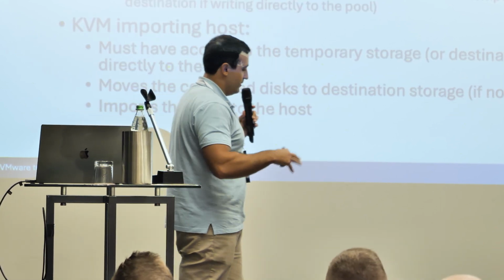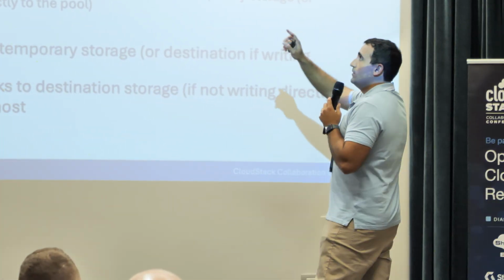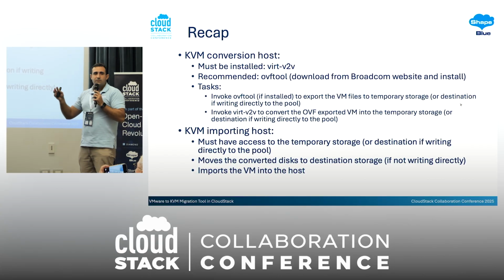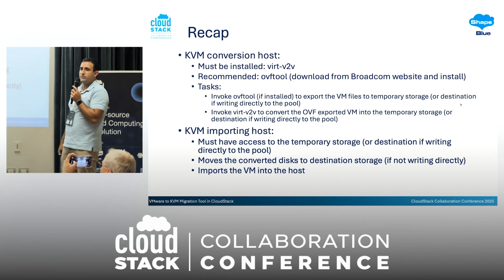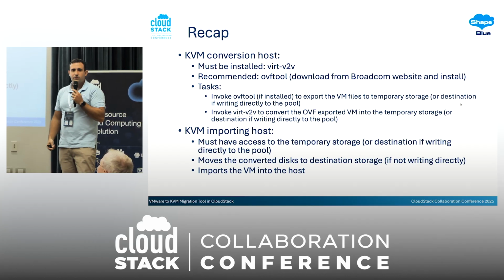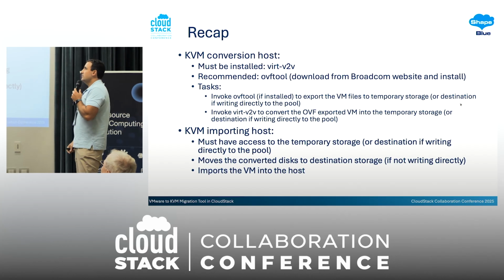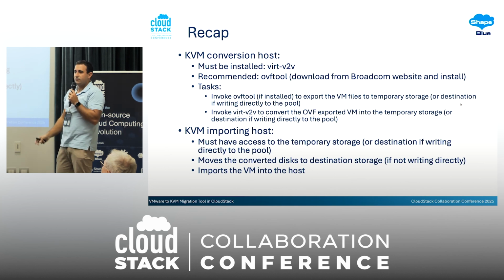Very briefly, for the migration process, we use 2 KVM hosts mainly. One, we name it the conversion host, which is the one in which the virt-v2v migration is executed. It needs virt-v2v installed, and also OVF tool if required to do the OVF export. This host will be in charge of that migration.